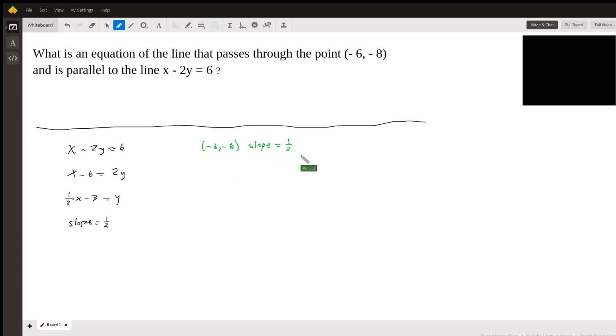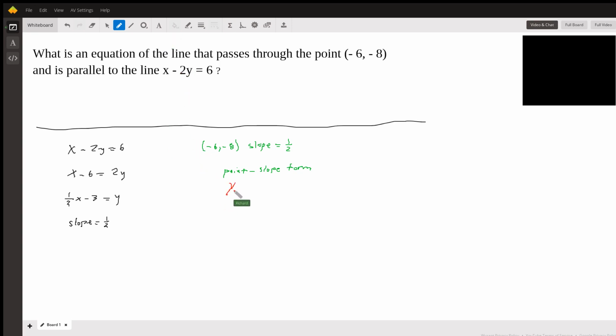Now there are two ways to do this, and you could do it either way. Most teachers are going to want you to use the point slope method, and so I'm going to start with that one. Point slope form of the equation, and you need to memorize this, so I'm going to put it in red.